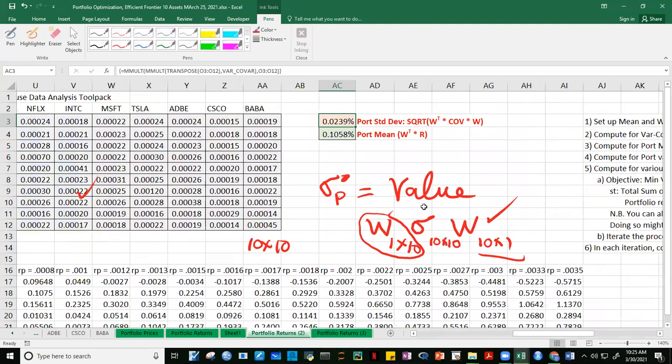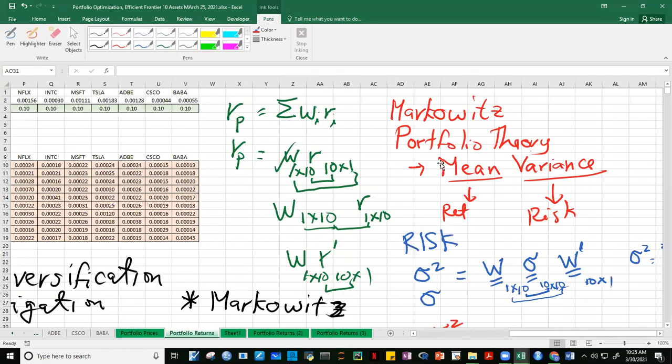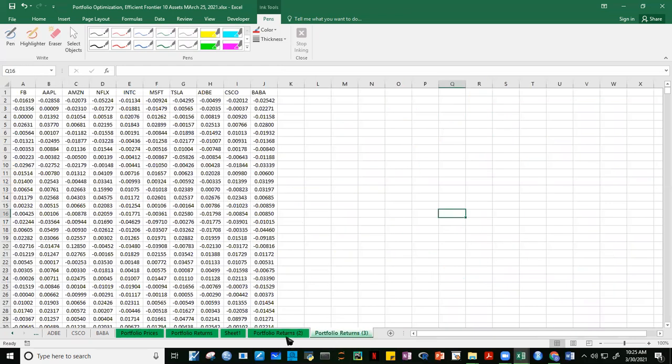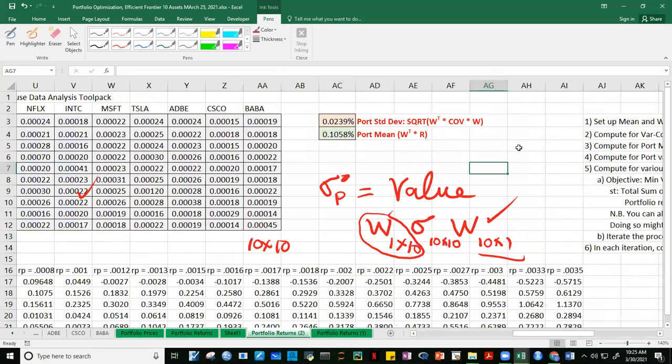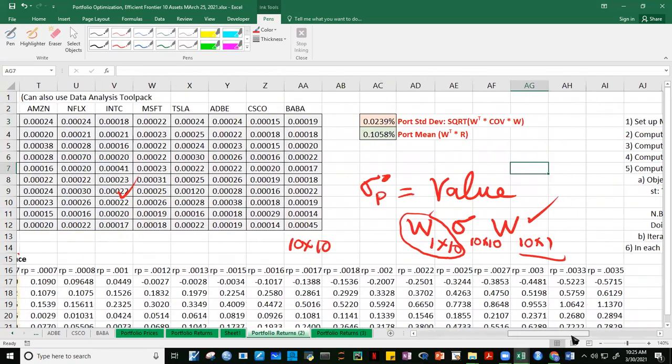Okay, let's now go here. Yung mean naman. Ano yung formula natin ng mean? Remember, it's just the weight matrix times the R matrix times the returns matrix. So, okay. The returns is also one number, one value lang yan, ano?